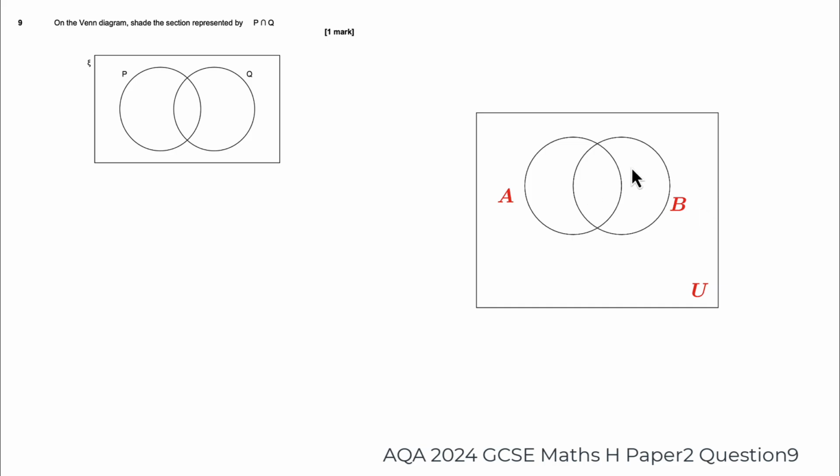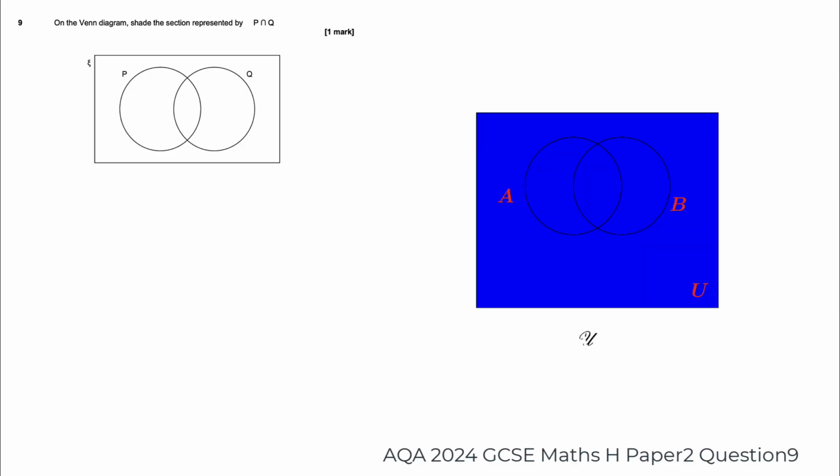So here we've got 2 circles. Everything inside that circle is a member of the set A. Everything inside this circle is a member of the set B. U is everything. That's the universal set.